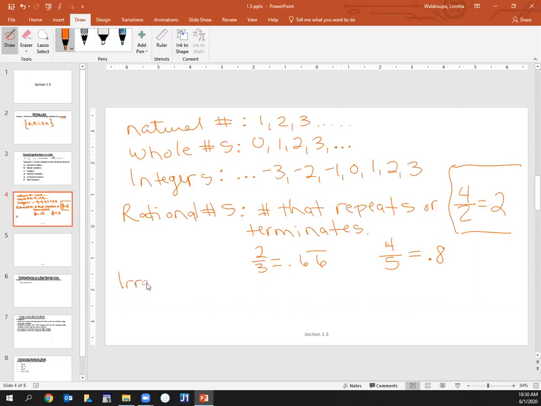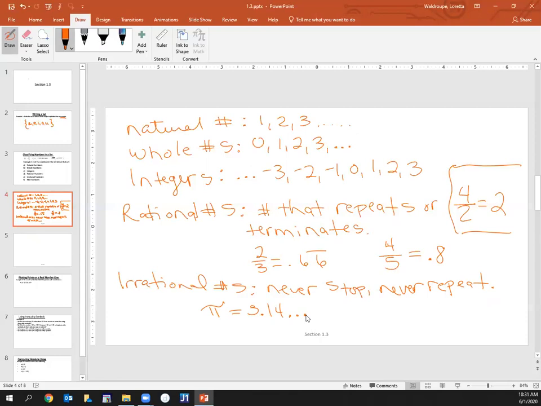Irrational numbers never stop, never repeat. Oh, my pen got wild and crazy on me there, guys. When we think of pi, we think of it as 3.14, but technically it keeps going and it never repeats and it never stops.